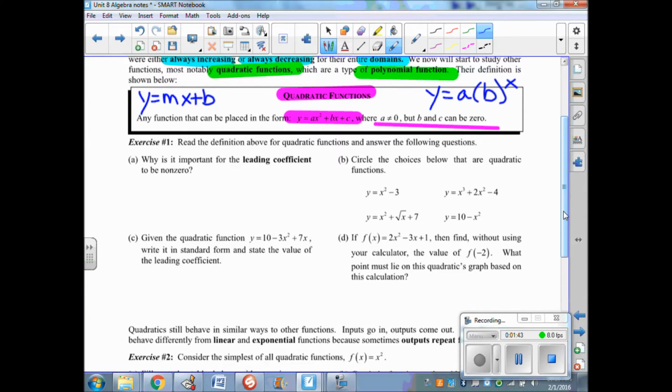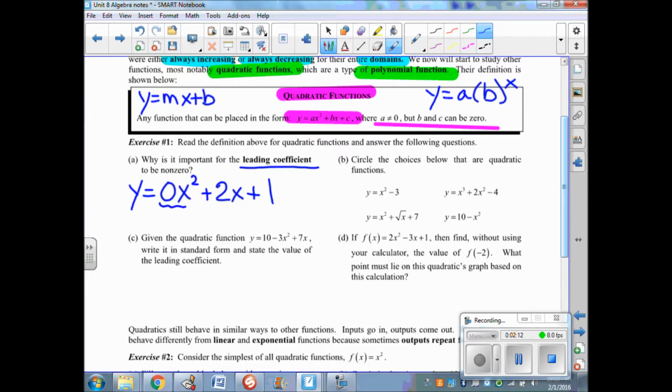It says, why is it important for the leading coefficient to be non-zero? So the leader, the a, why can't a be 0, in other words? So let's think about that. If I made that leader 0, and I can make anything else for b and c, what happens if we start to simplify this?